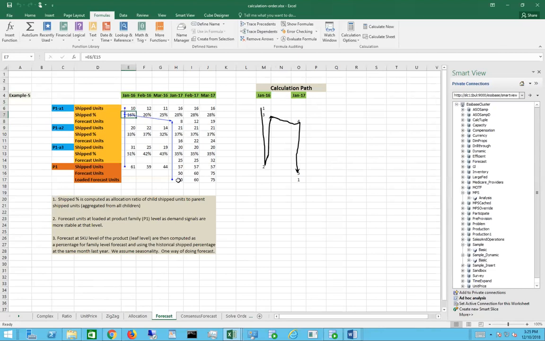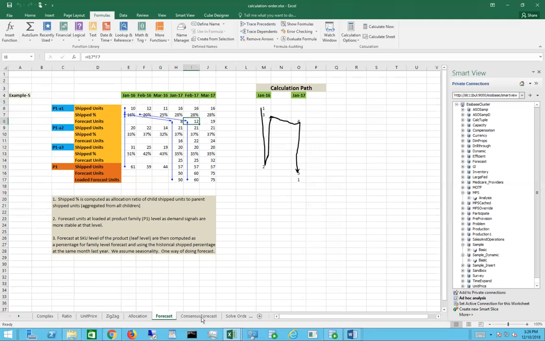Then I take my parent forecast and multiply it by the historical ship percentage with a 1 year lag, right? So here shipped unit is aggregated, then shipped percentage is computed, the parent forecast is loaded, then my forecast is computed, and then I can aggregate it back, right?